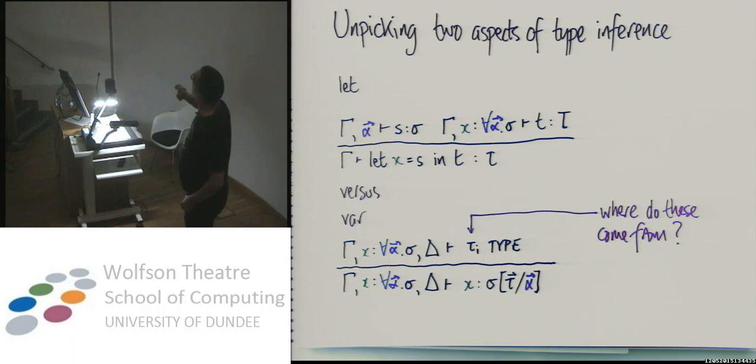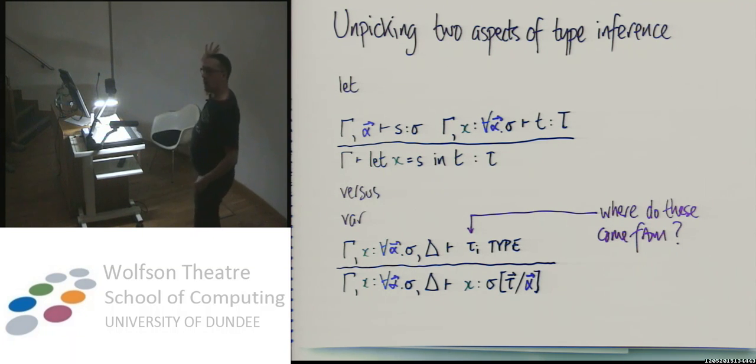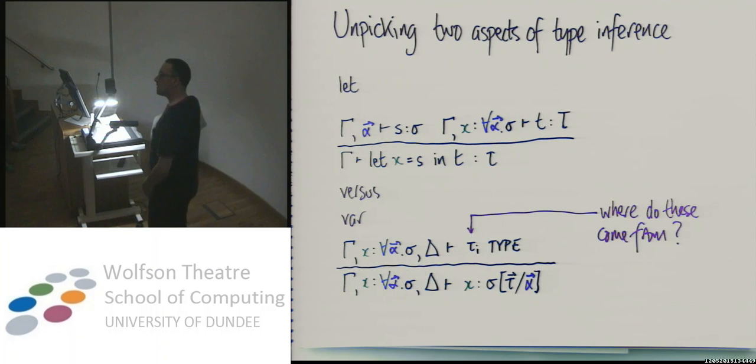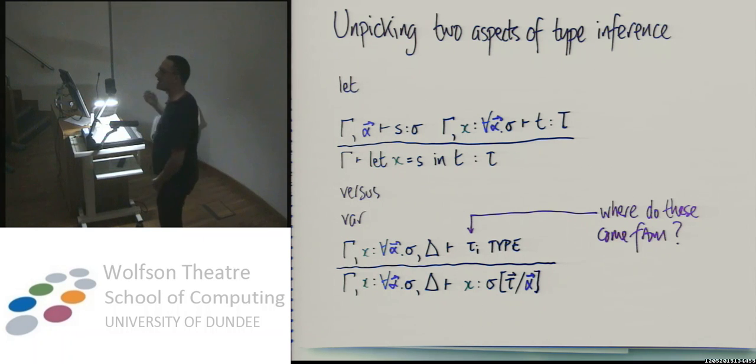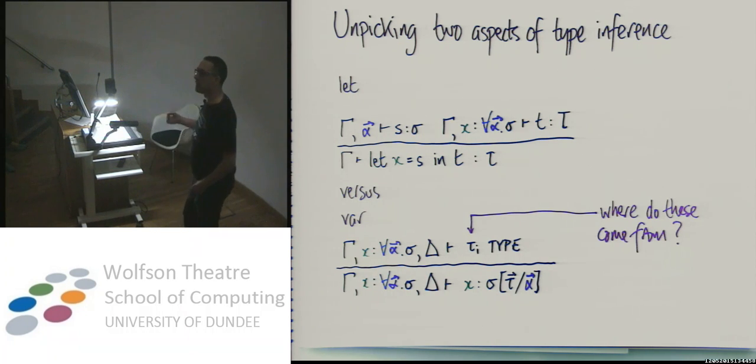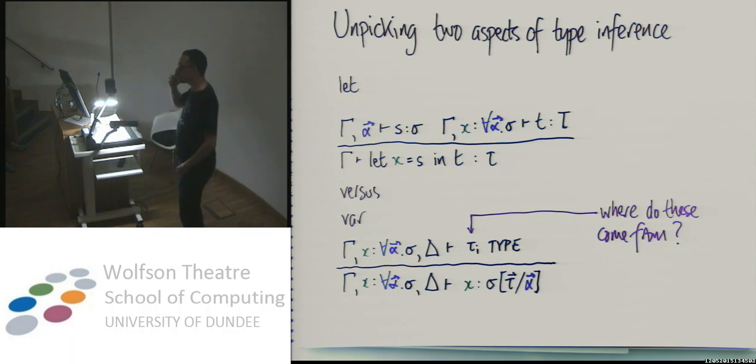And then we're relying on somehow discovering which are the under-constrained alphas to figure out what generalizations are possible. And we're really putting quite a strain on what type synthesis has to be able to do in order to, as it were, guess the plan for X. Right? This is guess the plan type inference.